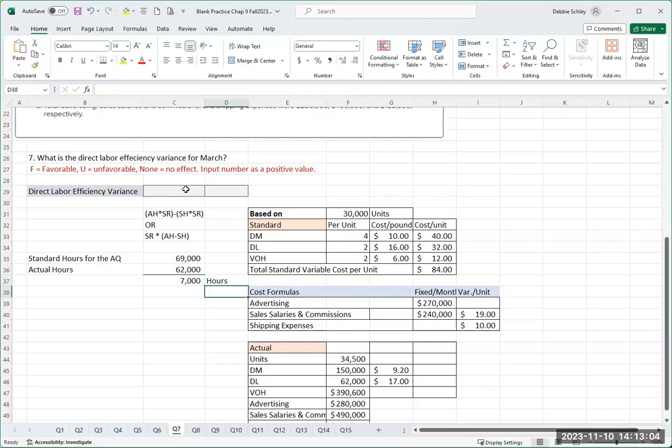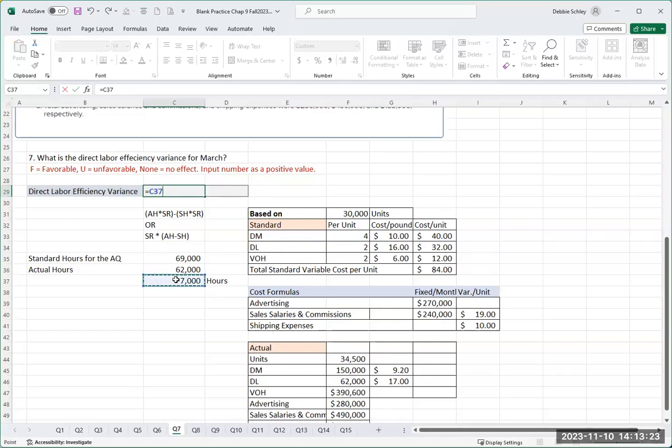So right, this is hours. But when I'm talking variances, it needs to be converted to dollars. And so that needs to be times the standard rate, right? Because I was doing it this way, actual hours minus standard hours, or the other way around, whichever, times the standard rate.